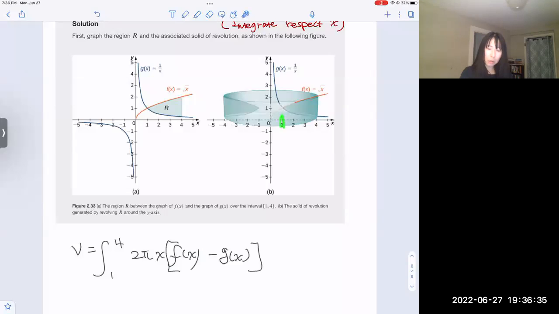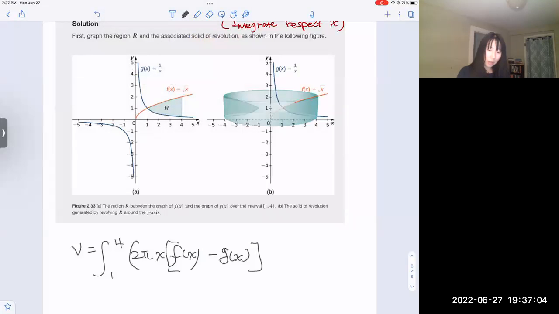Between 1 and 4, we're looking at only this part. Can you see that? This is the top, this is the bottom. If you want to know which one is top and bottom by hand, you can pick any number, not a bounded point, and you notice easily which is top and which is bottom.